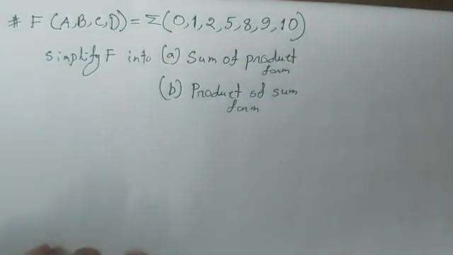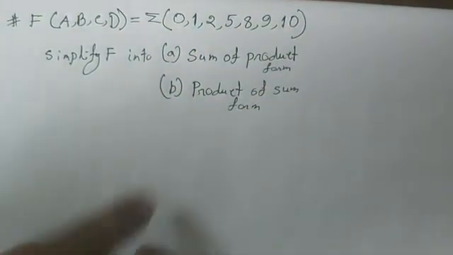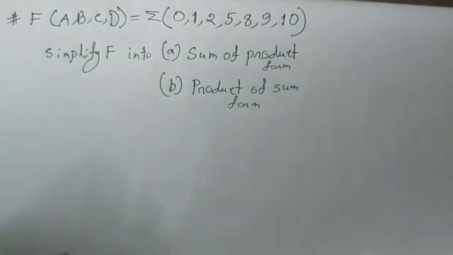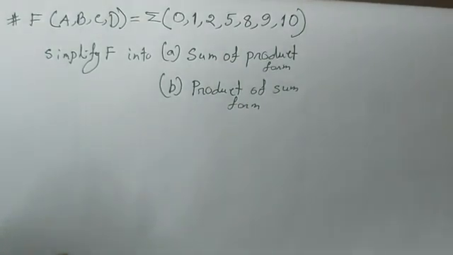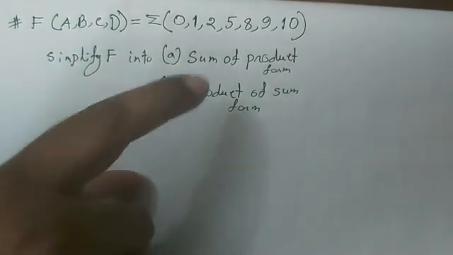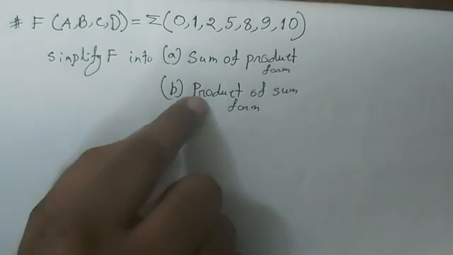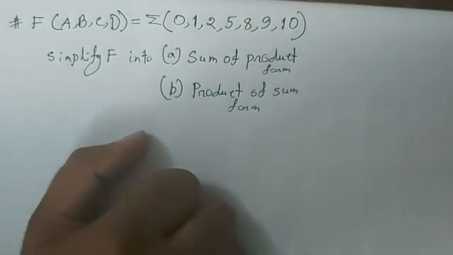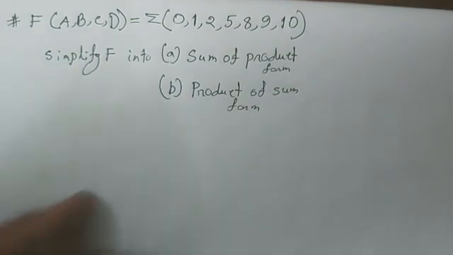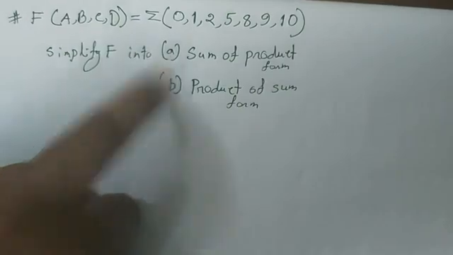Sum of product form you already know: we put these min terms, make the groups and find the result. So do number a by yourself, then I will show you how to find the simplified form as a product of sum. Pause the video for 5 minutes and solve number a.